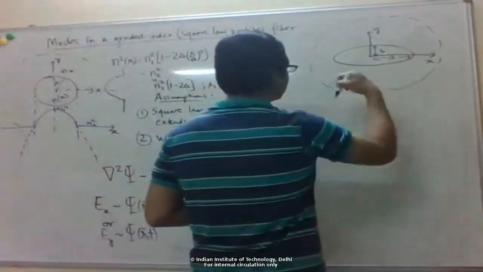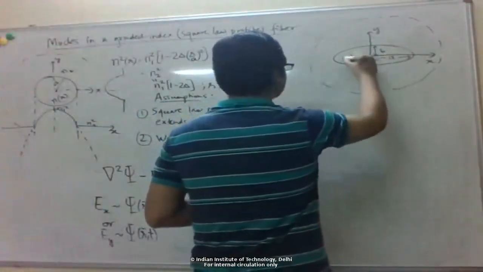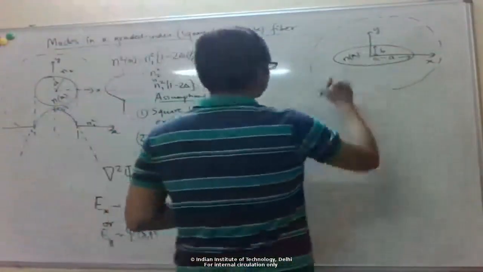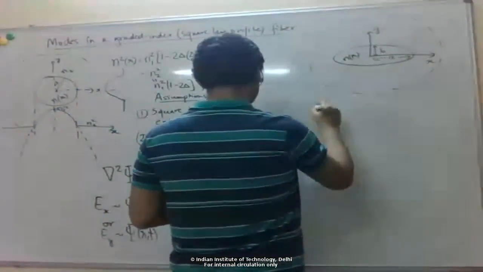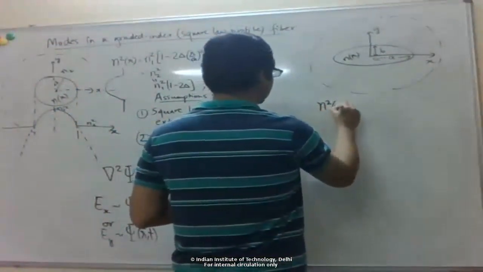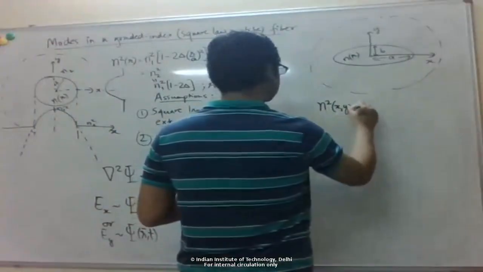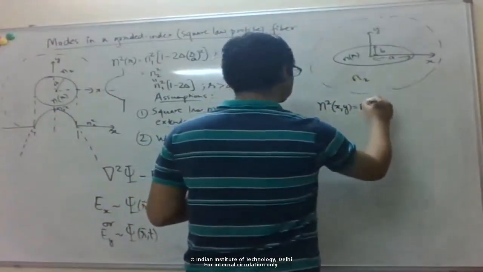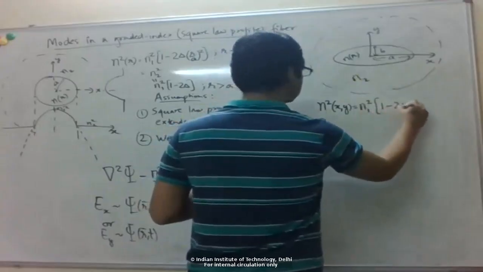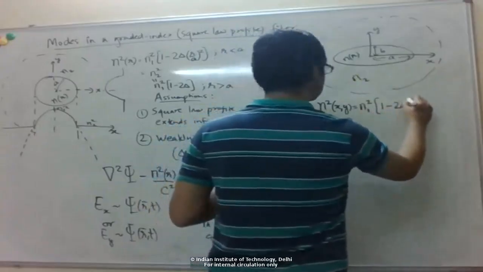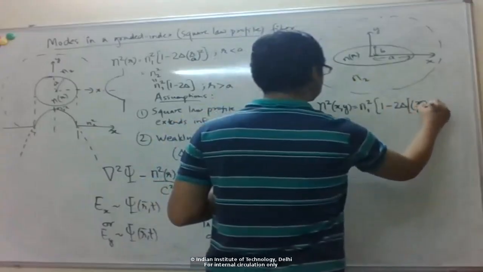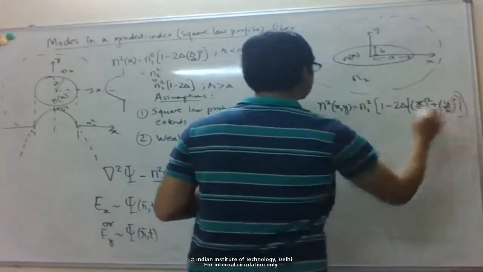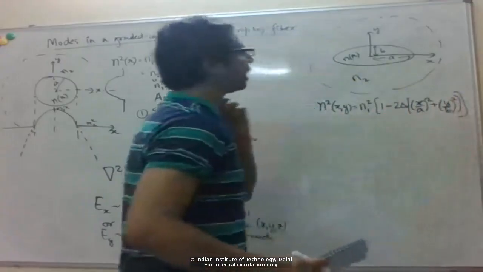So let's say you have an elliptical core and then a square law profile within this core. So, for example, I could have a profile like this.